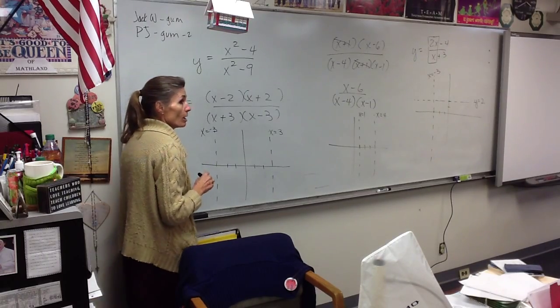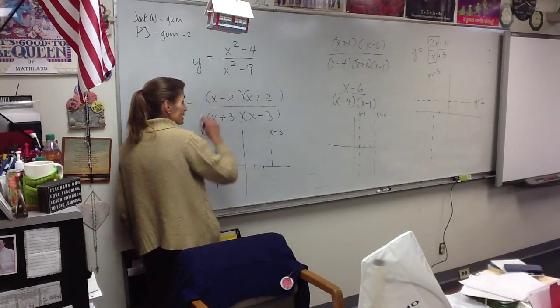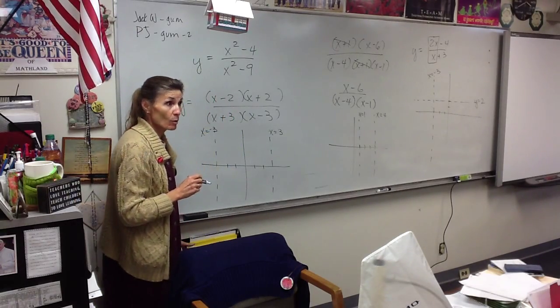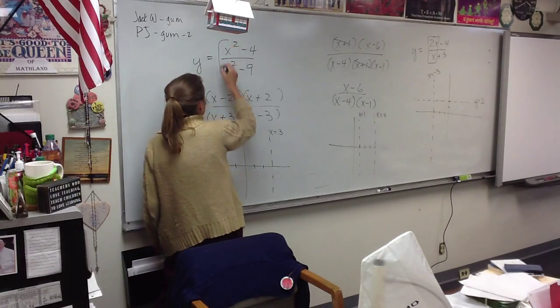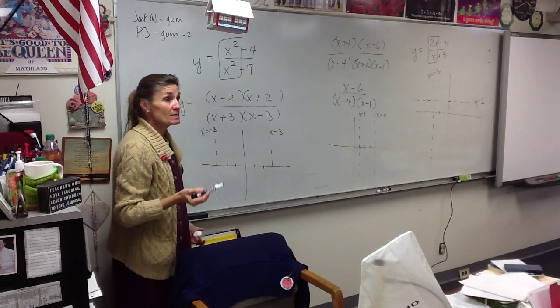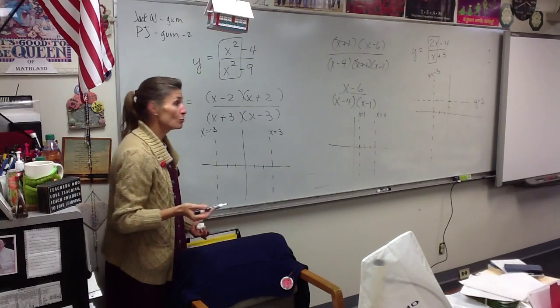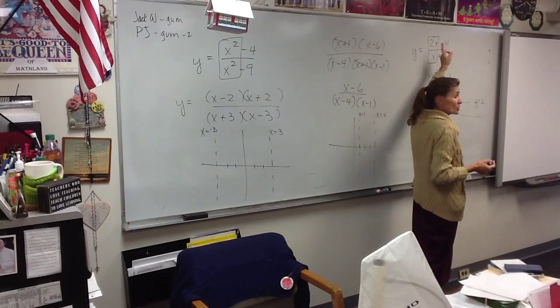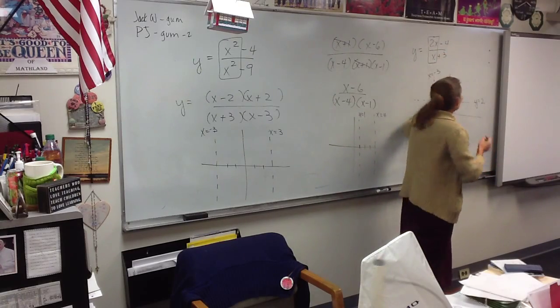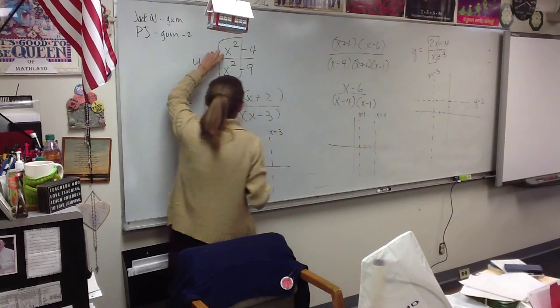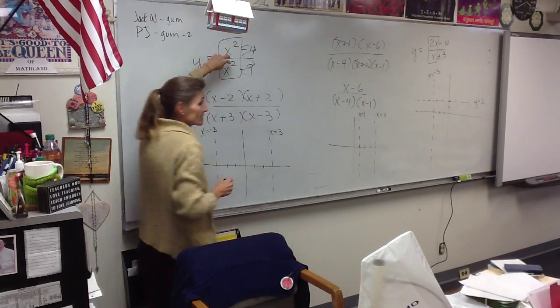Looking at our original problem, this time I don't have x's, I have x squareds, so I compare them. Whatever the biggest power you have, that's what you compare. In the last one, I just had plain x's, so I just looked at 2x over x. Forget all the rest of the stuff. Here, I have x squared over x squared, forget all the rest of the stuff.